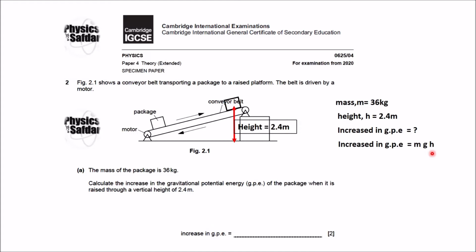Mass and height are given, and you know well that gravitational acceleration for the Earth we take as 10. Now you can substitute the numbers. 36 times 10 times 2.4. Multiply all the numbers. Finally we get 864 joule. So that is the answer for the increase in gravitational potential energy.